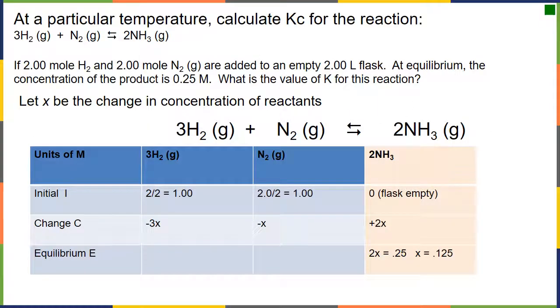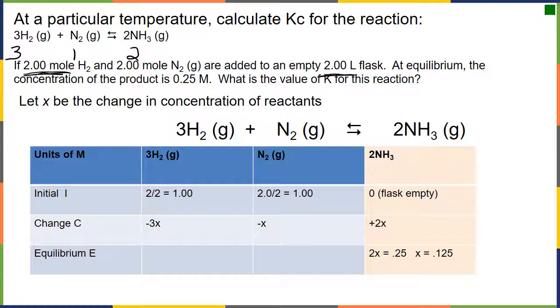All right, so let's look at one where our relationship is not 1 to 1 to 1. In this case, we have 3 to 1 to 2. And this is important because we're starting out with 2 moles of hydrogen in a 2-liter flask.